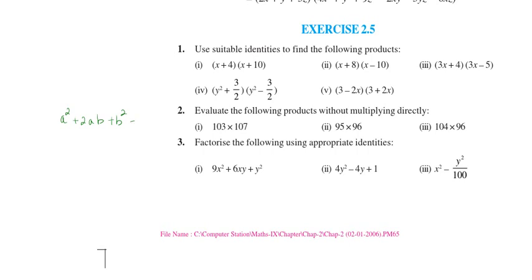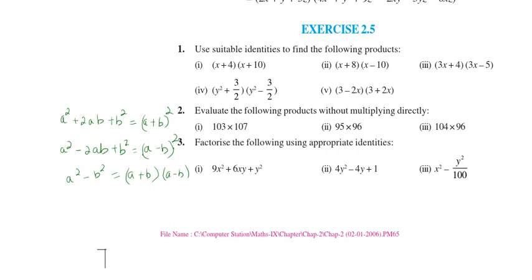If you get such a thing, you write a plus b whole square, right? If you get a square minus 2ab plus b square, then you will write a minus b whole square, right? And if you get a square minus b square, then you can write a plus b into a minus b. So these are the three identities.